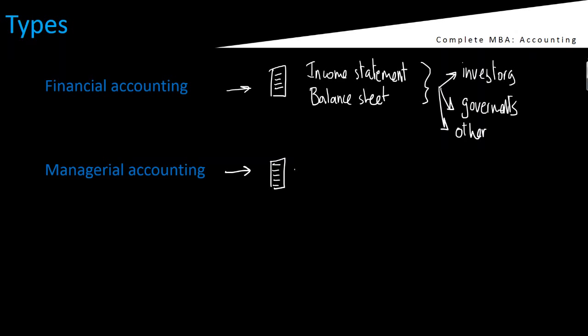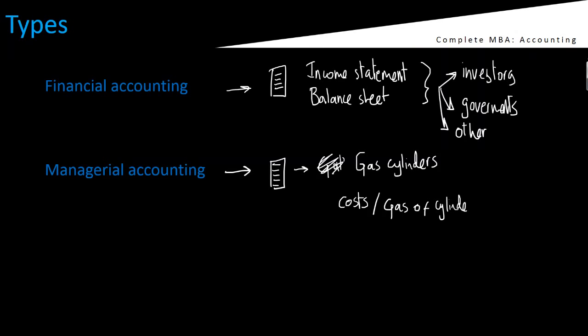For example, accountants in an industry that creates, let's say, gas cylinders, managers of that industry may be interested, for example, in costs per cylinder of oxygen.